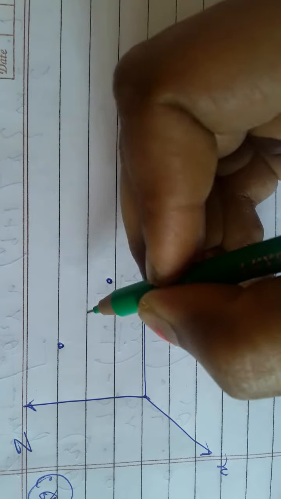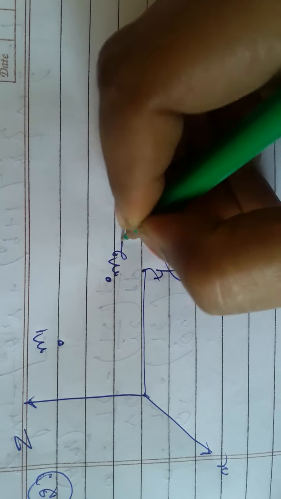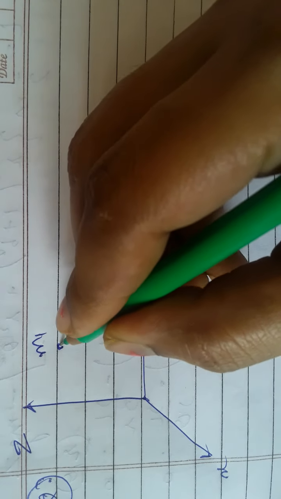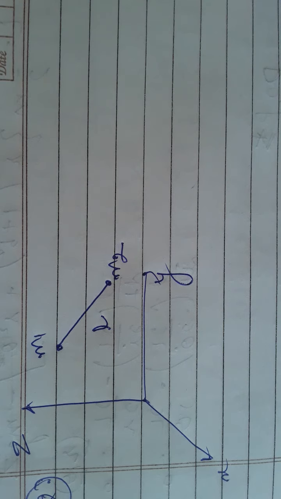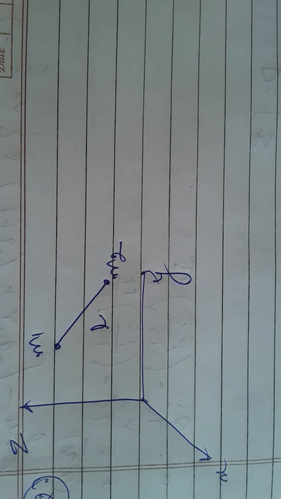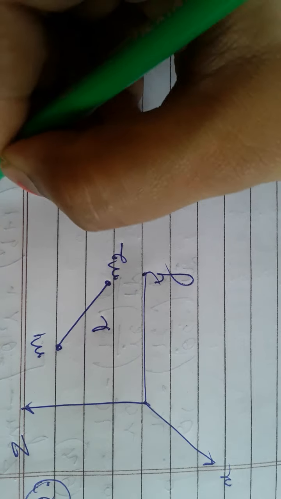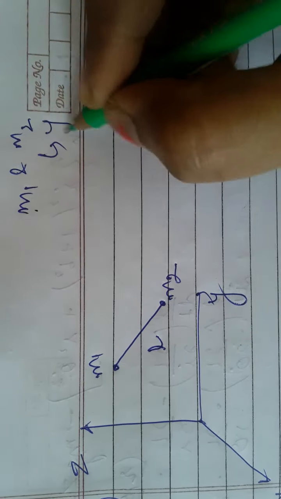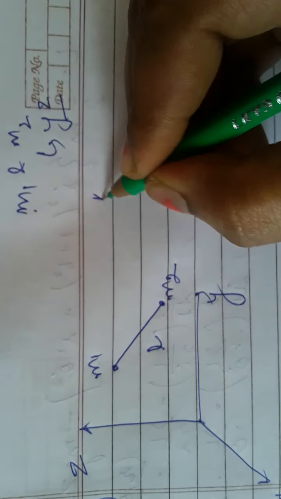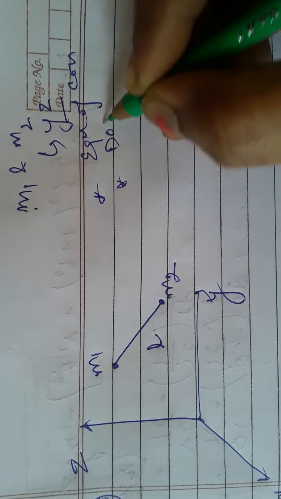Two masses m1 and m2, they are connected through a massless string of length L. Okay, so same question. m1 and m2 can move on the yz plane, same statement, and find the equation of constraint and degree of freedom.